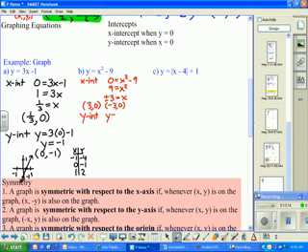The y-intercept is when x is 0. So I have the ordered pair 0, -9. So I have 3, 0, -3, 0. This one I'll go by 3's.